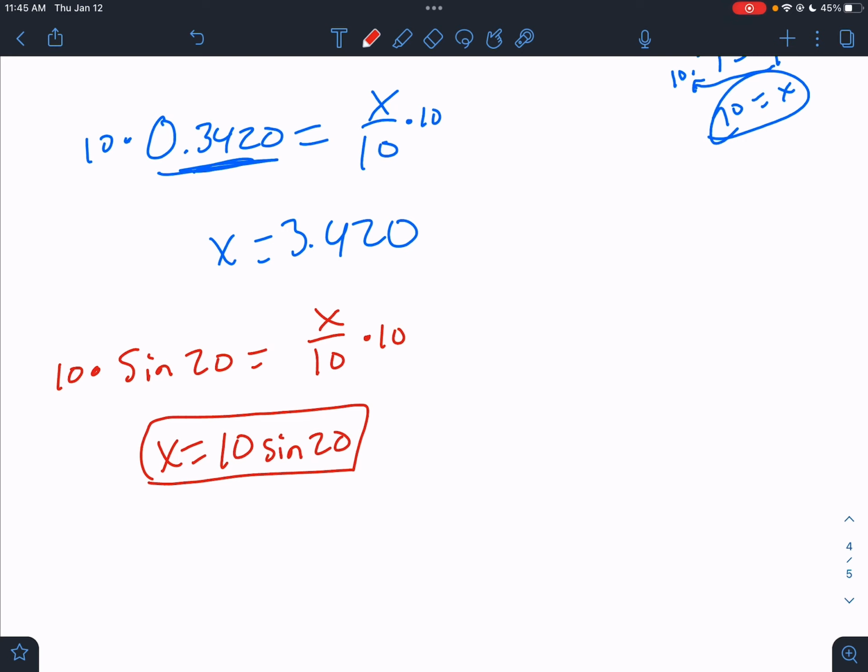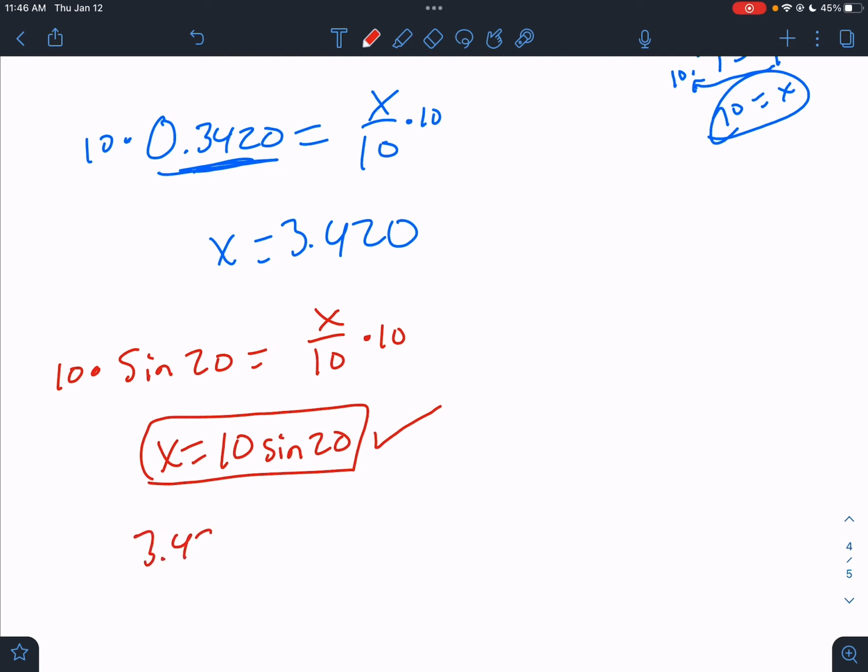And sometimes you leave it like that, much like you might have an answer of 10 root 3, right? You'd leave it like that. That's the simplified version. But most of the time, I'm going to ask you to round. So you go to your calculator, you type in 10 times the sine of 20, and we already know it's going to be 3.420.